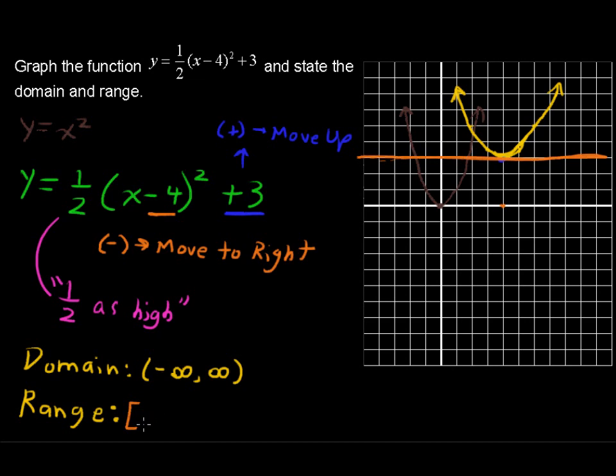We include 3 in the range, but it goes up forever, and we denote that with infinity. Okay, so we have the domain, the range, and we've graphed a rough sketch of the transformed parabola.